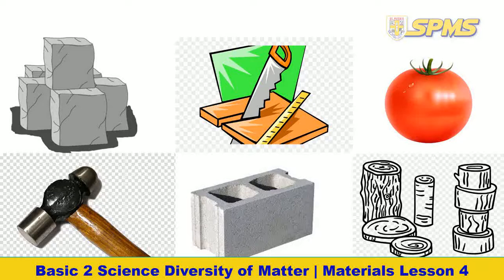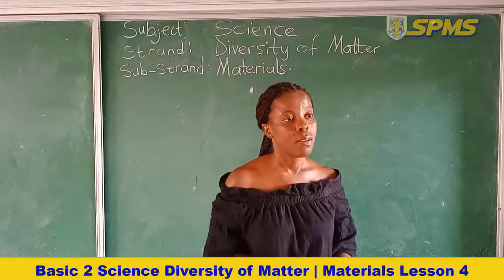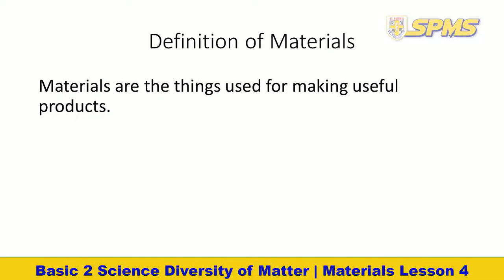Let's look at the definition. Materials are the things used for making useful products. So anything that you pick around in your locality that you use for something useful is known as a material.